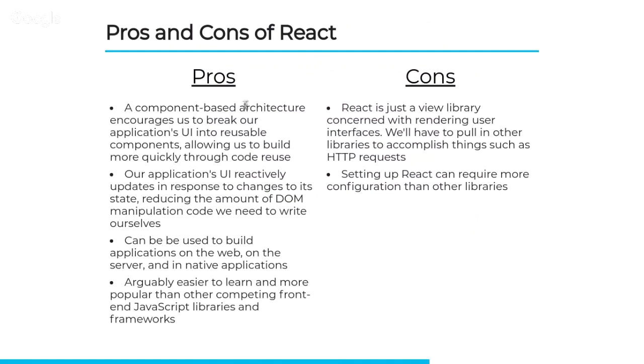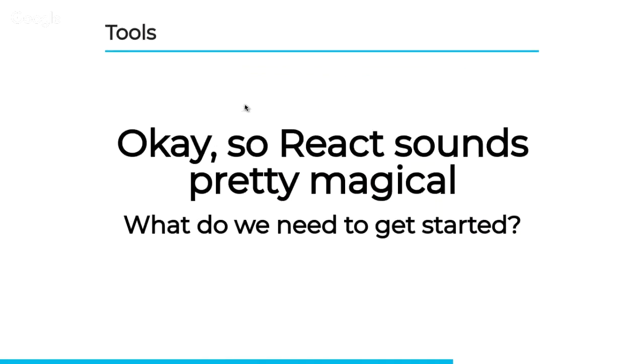Setting up React can require more configuration than other libraries. As I said, if you guys ever get a freelance project and they said we just wanted to move stuff around and do a few little things, just use jQuery for it. You'll be much happier. You'll get it done much quicker. If you have your own personal project or a project at work, then that's when it becomes a good use case for React, possibly.